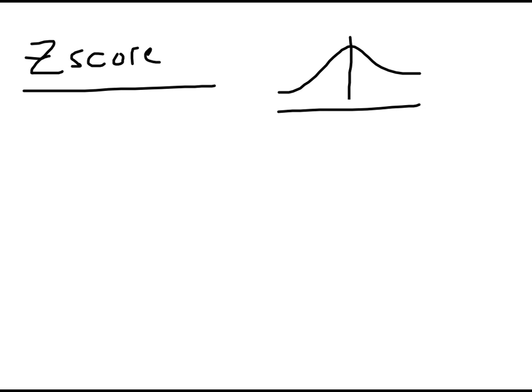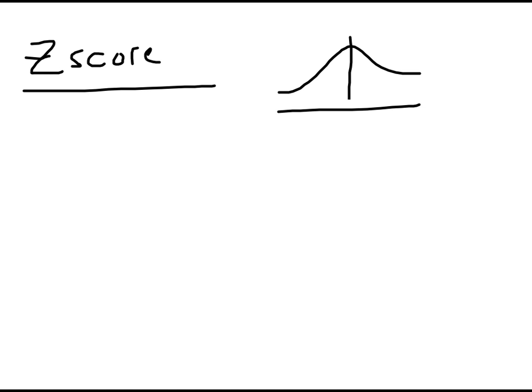So later on, if you get into statistics, this is a way to help you compare two groups that are of different sizes and different means because you normalize them. But in this case, we want to find out the probability of selecting a value from a group of values that is greater or less than the mean.